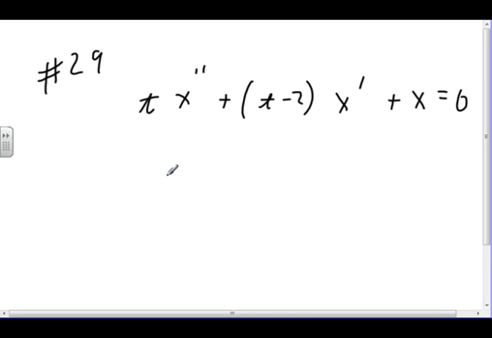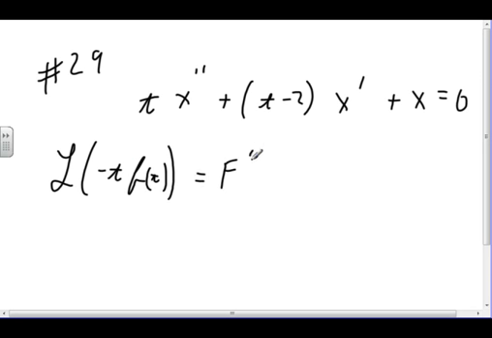Right, so we want the Laplace transform of this guy. So the Laplace transform of minus t f of t is equal to f prime of s.